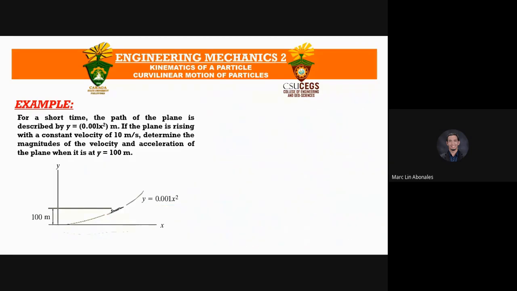To determine the magnitude of your velocity, we use the Pythagorean theorem. Just a continuation of what we solved earlier. The magnitude of your velocity is Vx squared plus Vy squared.